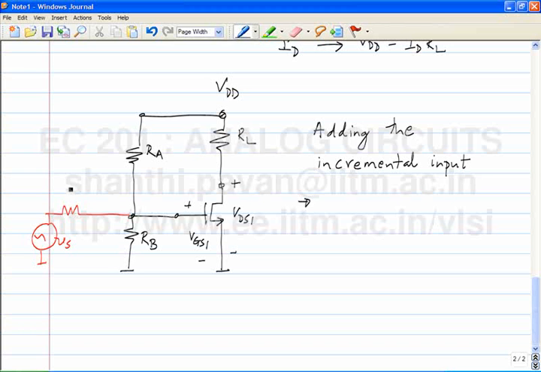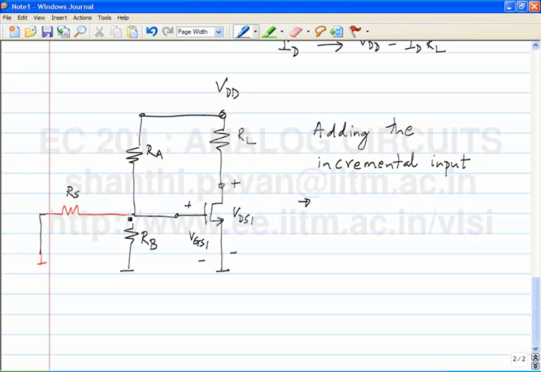Great. So if I did this, please note that to find the operating point, I would have to de-energize Vs, which means that it's equivalent to connecting this fellow to ground. The operating point will now become, what will be the DC quiescent voltage at the gate now?